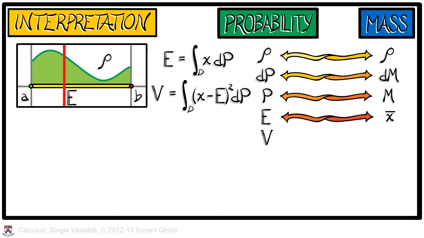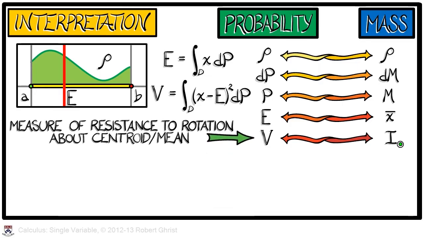Well, if that's the case, then how do we interpret the variance? That is the integral of quantity x minus E squared dp. Well, you no doubt recognize that that is the moment of inertia, but rather the moment of inertia about the centroid. Now that's a very nice physical interpretation.